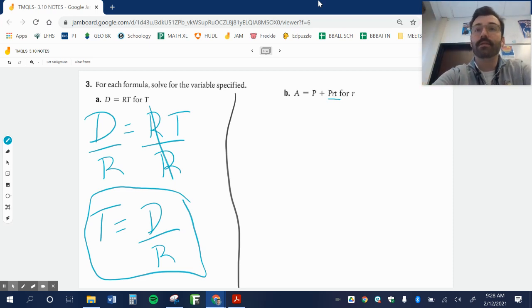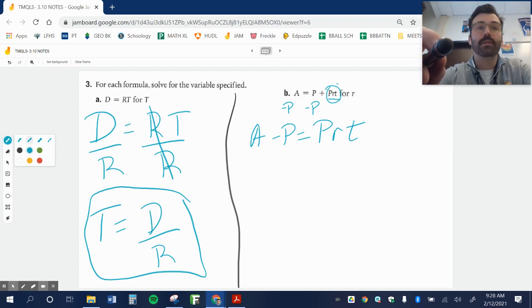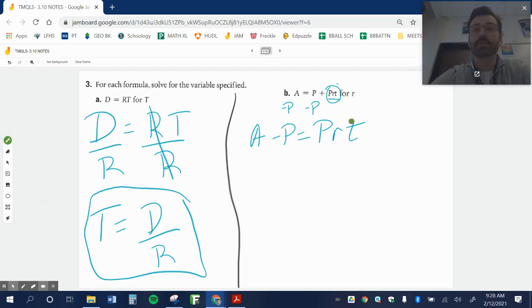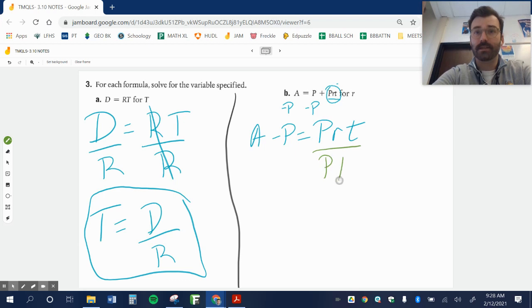So what I still want to do is isolate this term with R. I'm going to subtract P from both sides to get A minus P equals PRT. Again, we're trying to isolate the term with the variable that we want to solve for. So I want to solve for R, so I'm going to get rid of everything that's attached to it, the P and the T. So I'm going to divide both sides by PT.